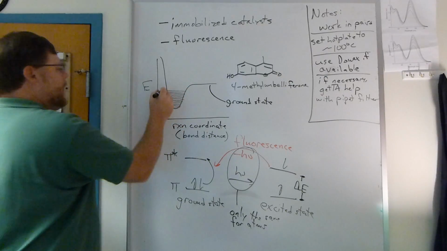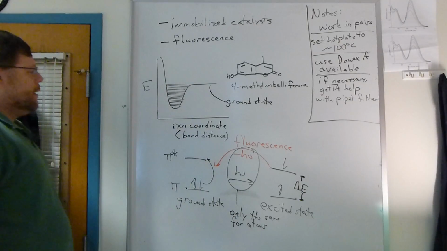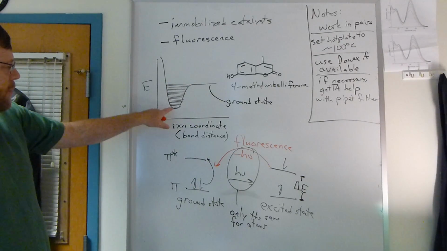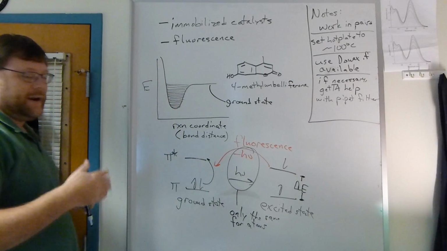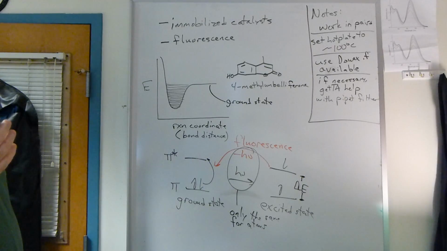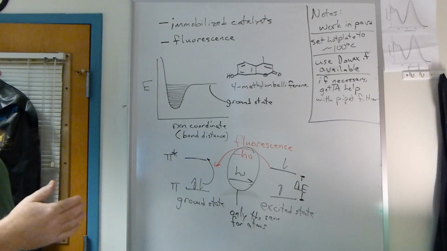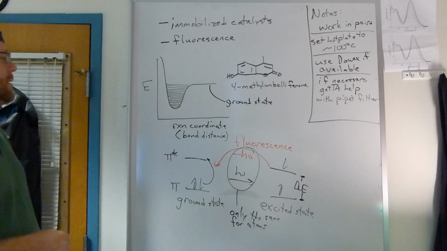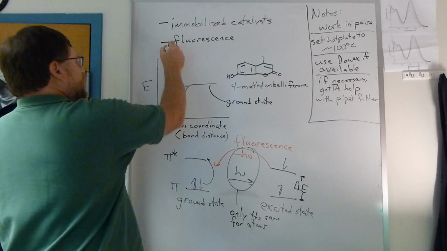Okay, on up. I guess I should draw them all the way up. The electrons in this bond have to be in one of these levels, right? Quantum mechanics, if you think about the phrase quantum mechanics, the energy of a photon or of a molecule or an electron, they're quantized.